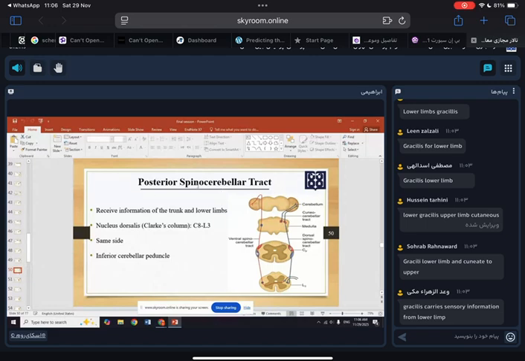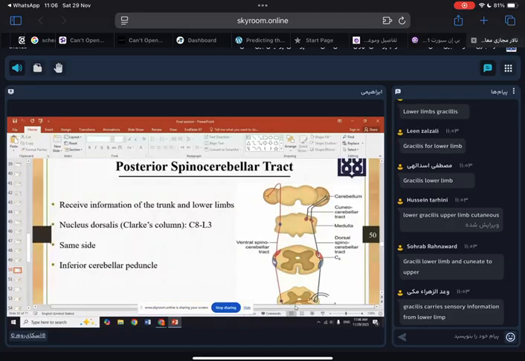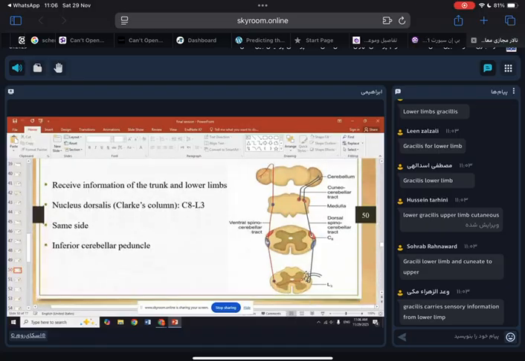The first one, posterior spinocerebellar tract. Look at here. I zoom. Okay. This part, I'm showing you the posterior spinocerebellar. This is the posterior spinocerebellar.